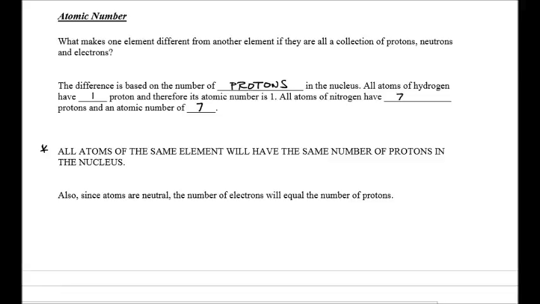All atoms of the same element will have the same number of protons in the nucleus. And since atoms are neutral, the number of electrons will also equal the number of protons. So carbon, atomic number 6, will have 6 protons and 6 electrons.